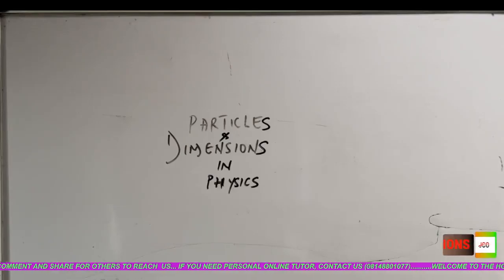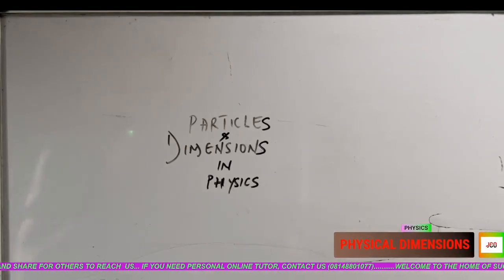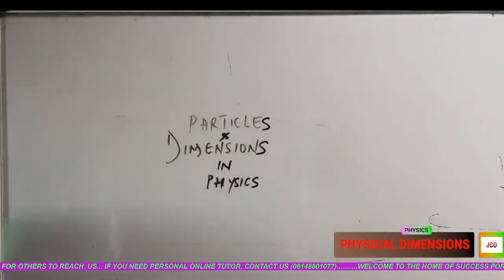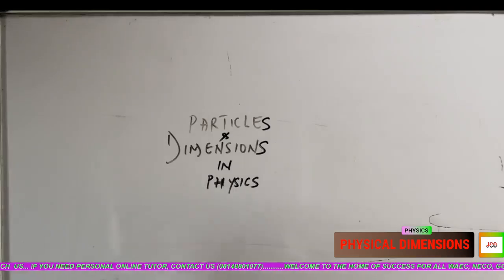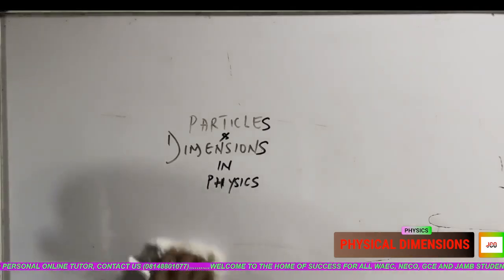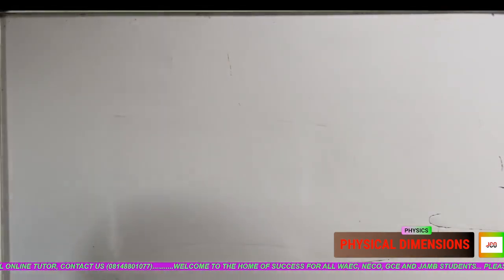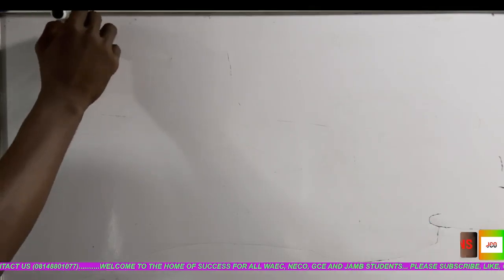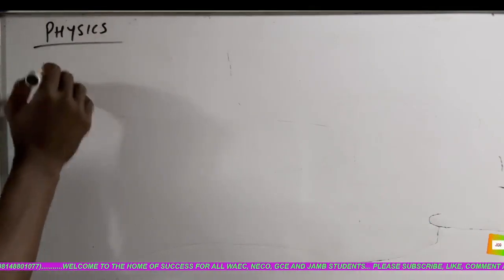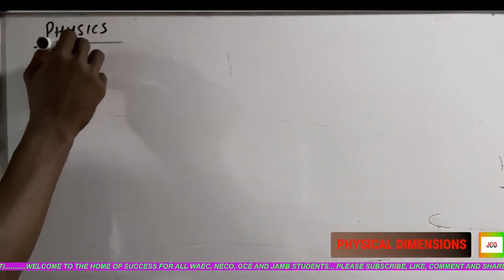Okay, so we want to begin our first episode on physical dimension in physics. Several matters we're going to be dealing with in physics. First, we're dealing with physical dimension. So in physics, we have three fundamental physical dimensions.